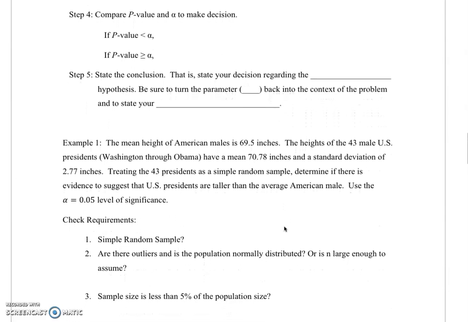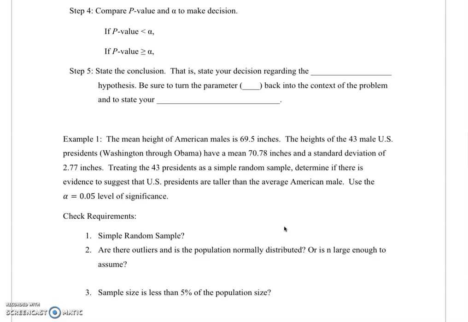For step 4, we compare the p-value to alpha. Remember, if the p-value is less than alpha, we reject H0. And if the p-value is greater than or equal to alpha, we do not reject the null hypothesis. That is exactly the same as hypothesis testing for a proportion.